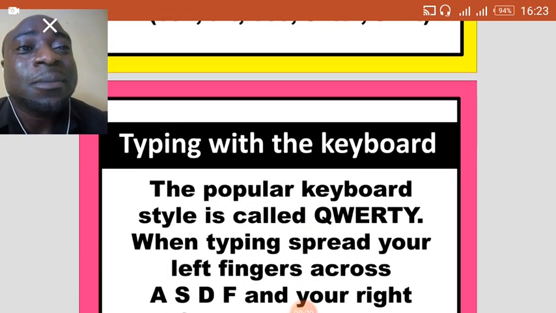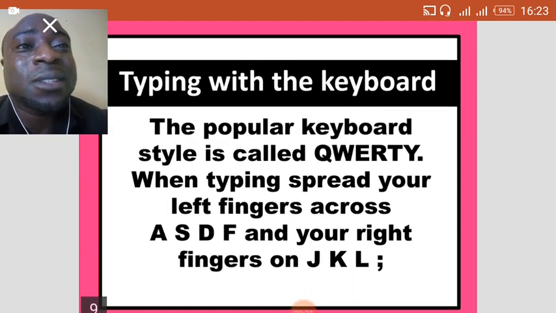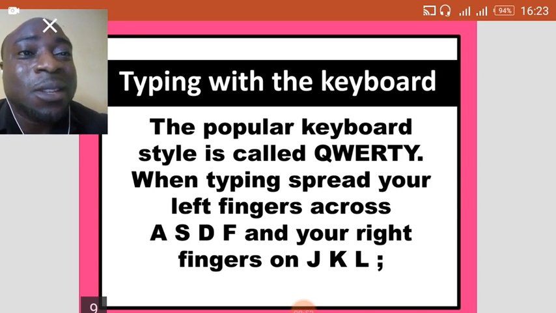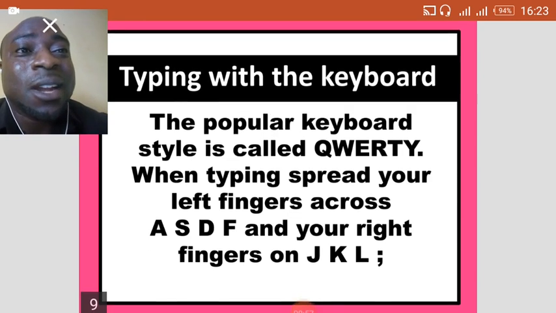All right, now for us to type with the keyboard, we need to understand how a keyboard is formed. And you remember I said the keyboard that we use today is what we call QWERTY keyboard. Why do we call it that? Because that keyboard is designed from the old typewriter. If you look at the keys on the typewriter and the keys on the computer keyboard, they look alike.